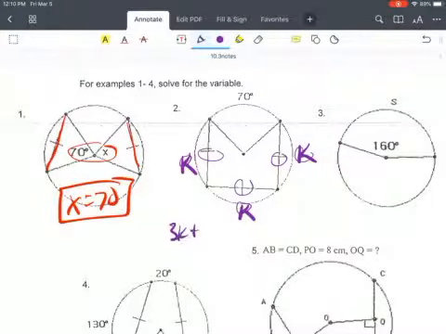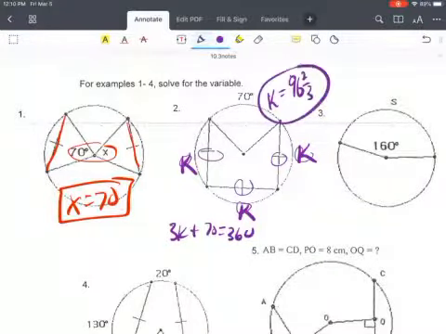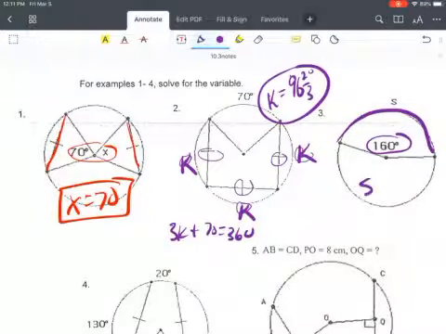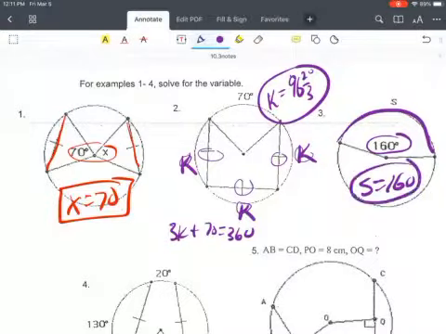So 3K plus 70 equals 360, and I get that K is equal to 96 and 2/3 degrees. For number 3, S is the minor arc that goes with the central angle, and the central angle is always equal to the intercepted arc. So S is 160.